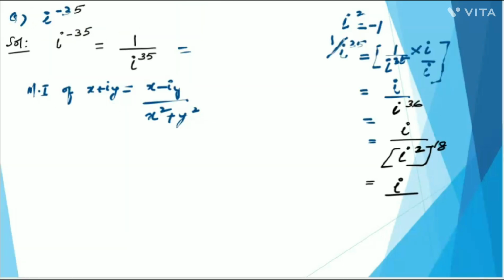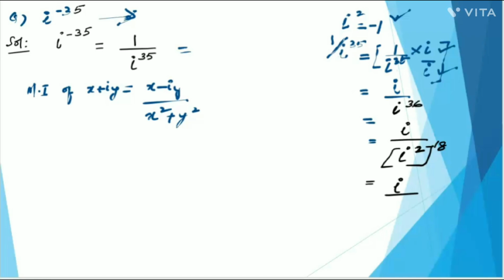The next example is the multiplicative inverse of i to the power of minus 35. How we will do is we will play a game of numbers. i square is equals to minus 1, we know this. 1 divided by i to the power of 35, I can write it as: I am multiplying here i and dividing here i.